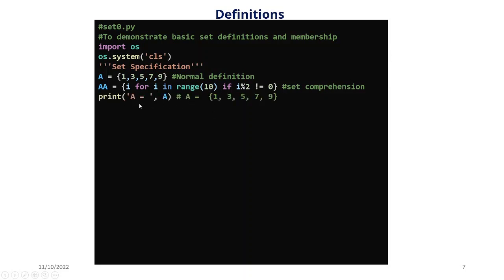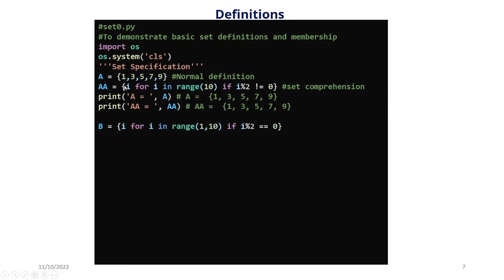So we can print it. If you print A, what you get is 1, 3, 5, 7, 9 like you see here. And if you print AA, you will still get 1, 3, 5, 7, 9. Suppose you wanted to print out even numbers. You know that for even numbers, the modulus will certainly be 0.